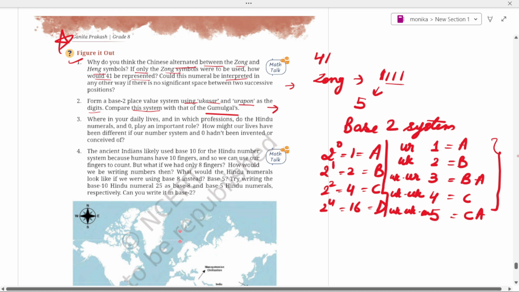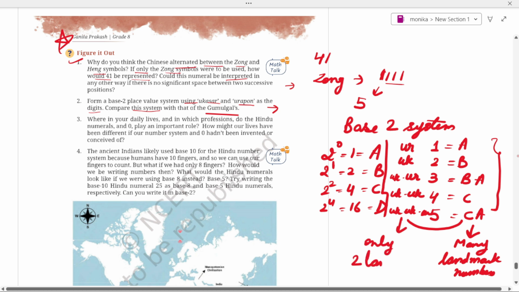In the previous number system, we have many landmark numbers. In this system, we have only 2 landmark numbers. So this is the major difference they have asked about. Okay, so the comparison was of the landmark numbers.